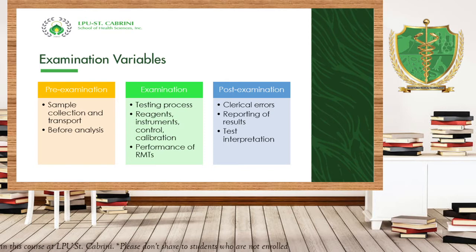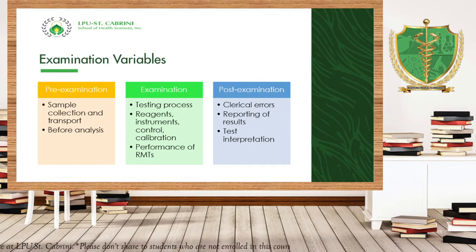And lastly is the post-examination, which includes the clerical errors. That is one of the most common errors in the post-examination, the clerical errors, no? Mismatch in the reporting of the results and the test interpretation. However, the test interpretation is more on the physician side.